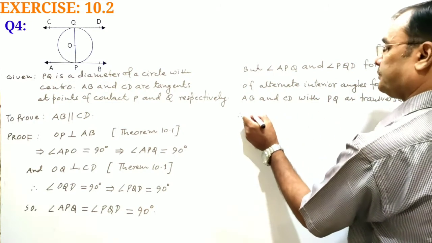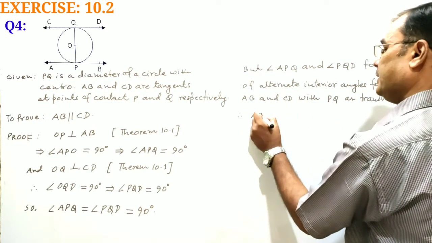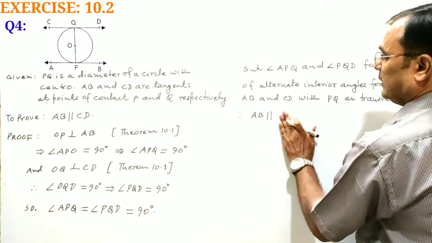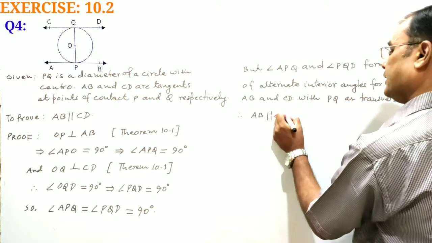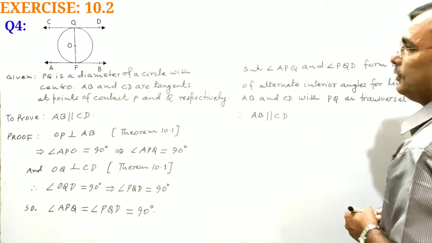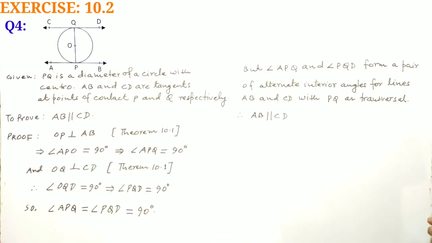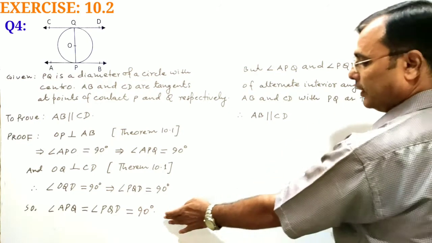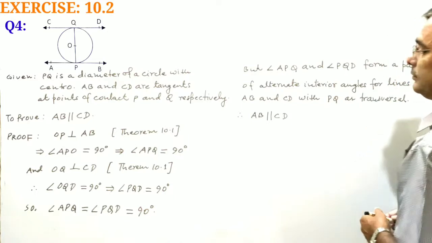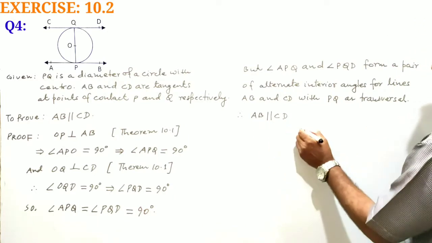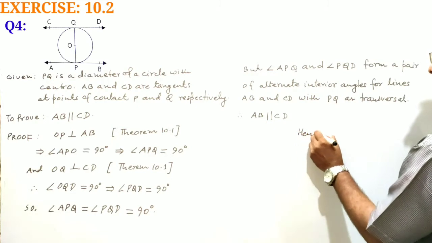Therefore, AB is parallel to CD as a pair of alternate interior angles for AB and CD with transversal PQ are equal. Here we have proved. So, AB will be parallel to CD. Hence proved.